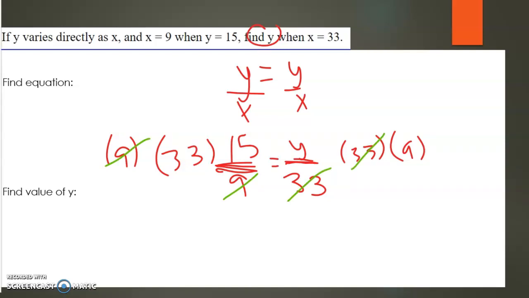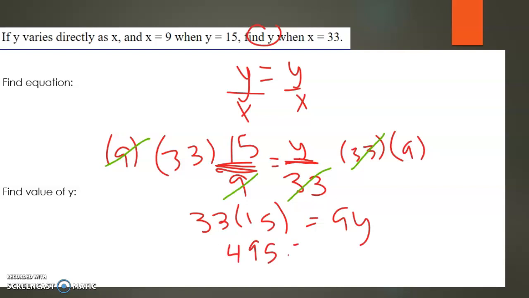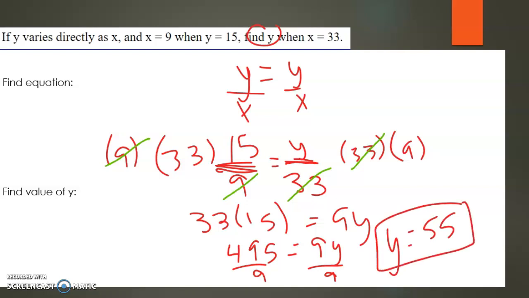So you have 33 times 15 equals 9y. Then you have 495 equals 9y. Divide both sides by 9, and you get y equals 55. I kind of do these backwards. I always find the value first. So y equals 55.